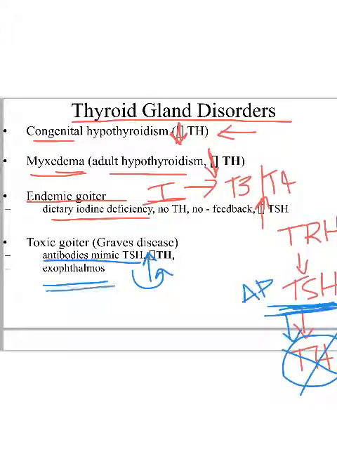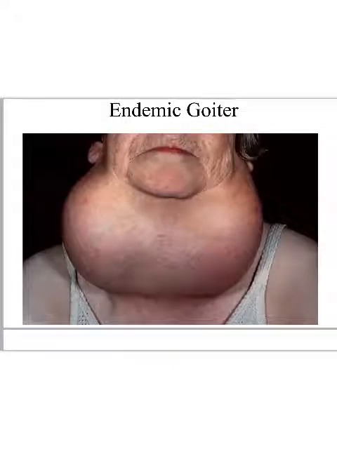This is the one with exophthalmos, so this is with the bulging eyeballs. Okay, and then there's going to be a bunch of other symptoms. So what they'll try to do is they'll try to get rid of the antibodies. I think. So there's a goiter. That's an endemic goiter. Okay, so there's the goiter.